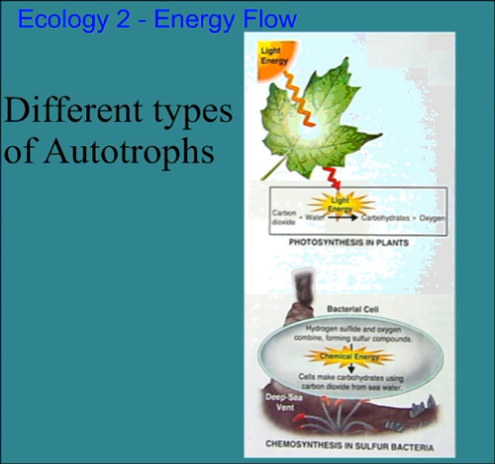And then there's chemosynthesis. These chemosynthetic organisms in this diagram are living at the bottom of the ocean at deep sea hydrothermal vents. They're using the energy from chemical reactions and the heat energy bubbling out from these hydrothermal vents to make carbohydrates, to make those sugars that they need.